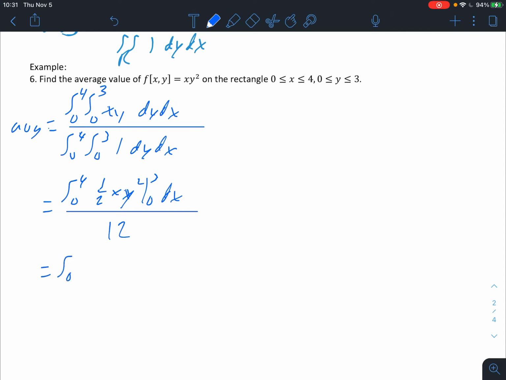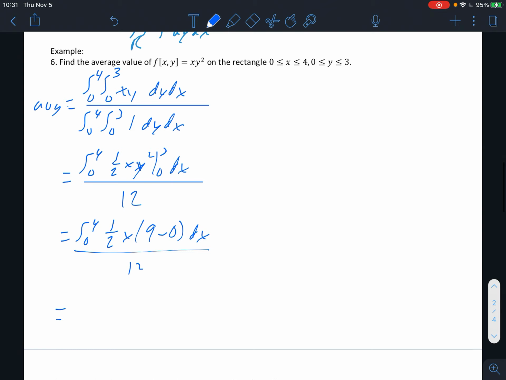All right, so simplifying our numerator, substitute in 3 and then substitute in 0. Simplifying a little bit more, we get 9/2 x dx.